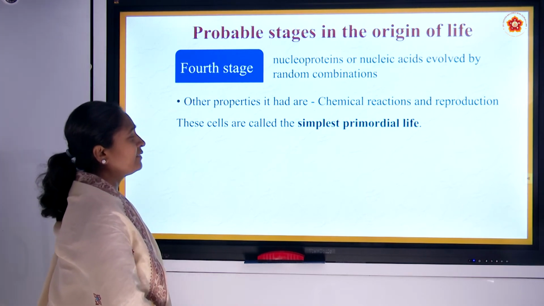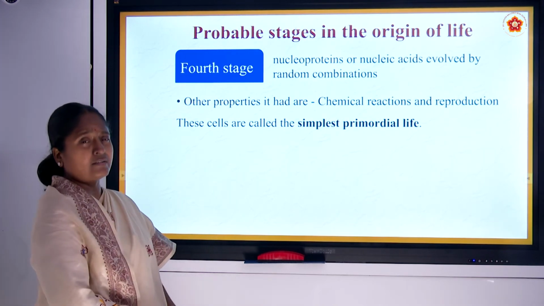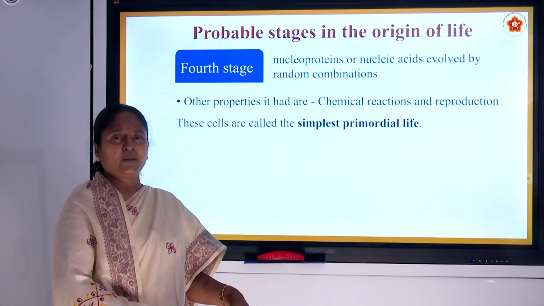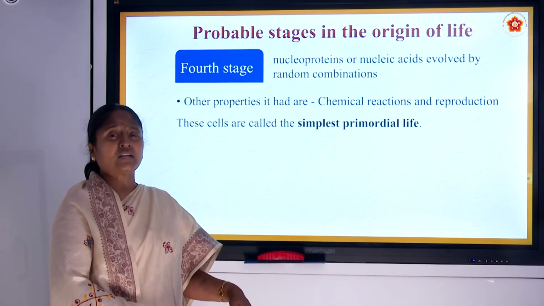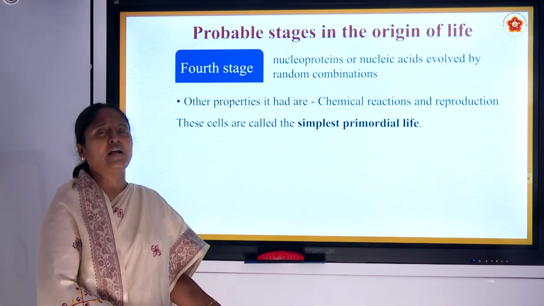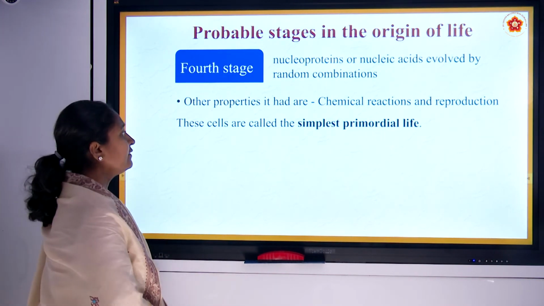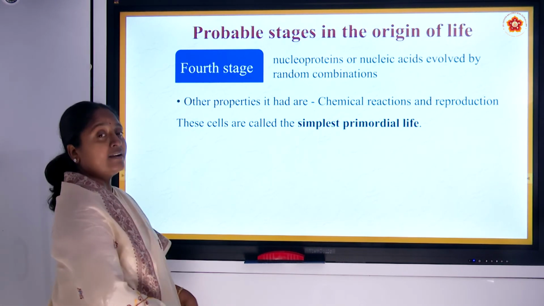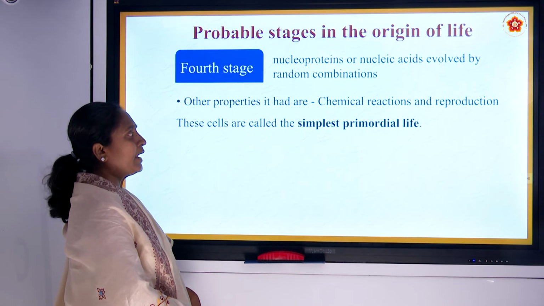Since these organisms have their own role, that is, they have some kind of chemical reaction, they undergo reproduction, and they are able to create a similar kind of their own nature, right? Hence it is known as simplest life, and since it is in the earlier stage, it is known as primordial.